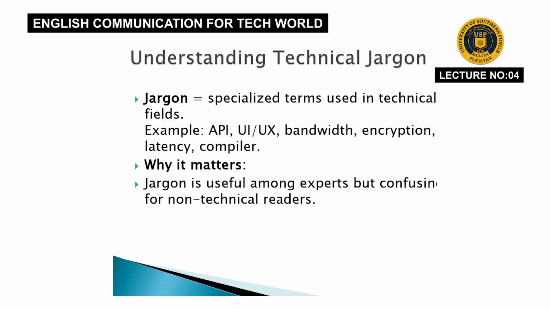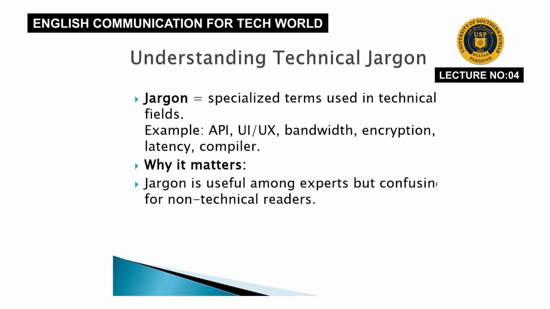Now, moving on, let us talk about another important concept in technical communication, which is technical jargon. Technical jargon refers to specialized words or terms used in specific professional or technical fields. These terms are often understood easily by experts but may be confusing for people who are not familiar with the field.